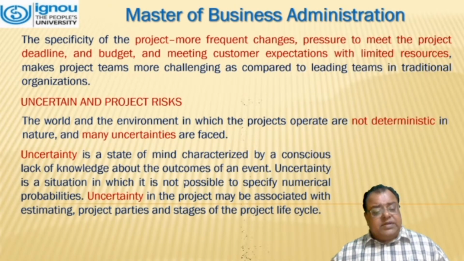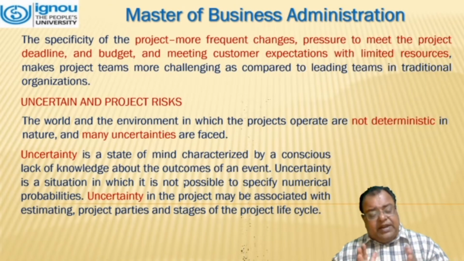Uncertainty is a situation in which it is not possible to specify numerical probabilities. Uncertainty in the project may be associated with estimating project parties and stages of the project life cycle.